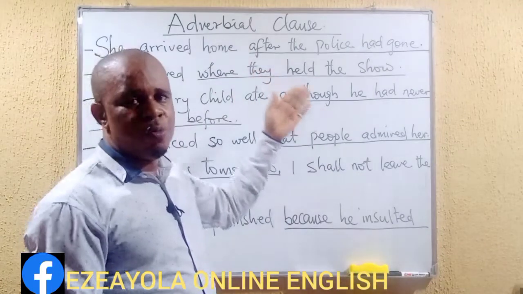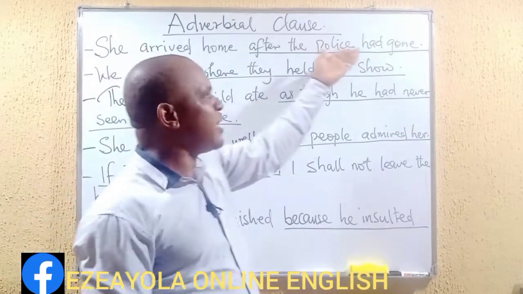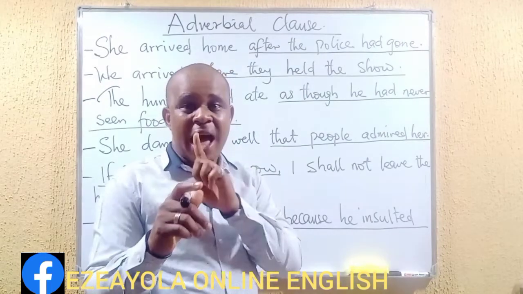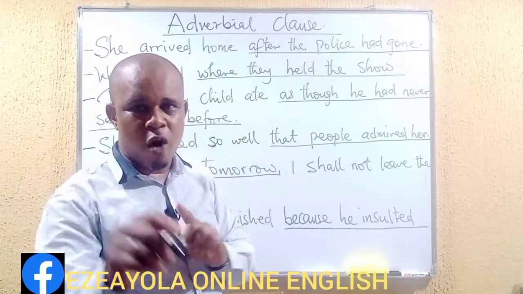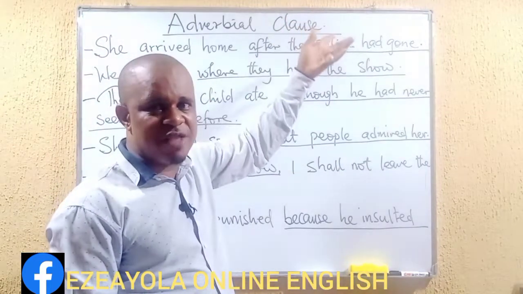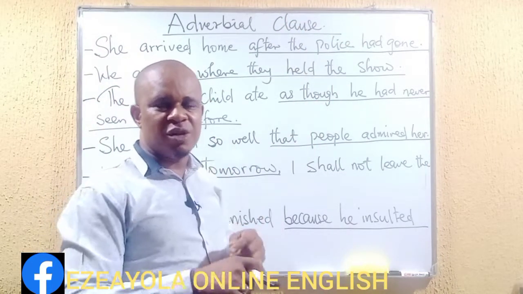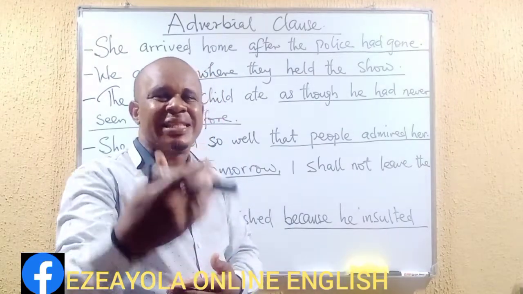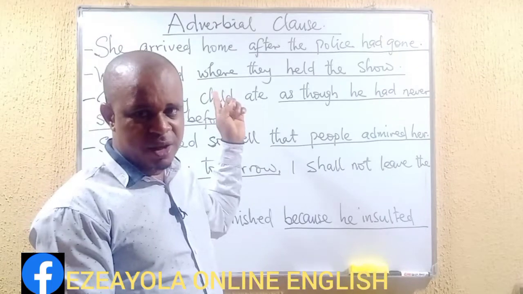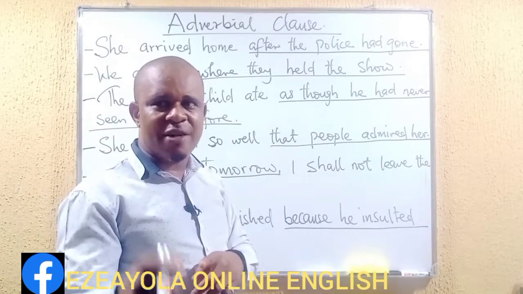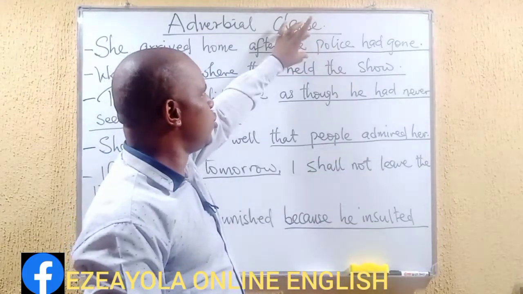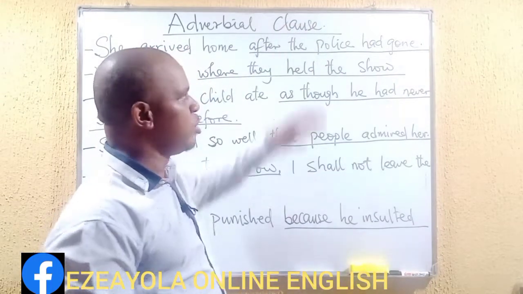After the police had gone. That's why it is an adverbial clause of time, because the underlined expression is telling us the time this person arrived home. What time? After the police had gone. So this is an adverbial clause of time.